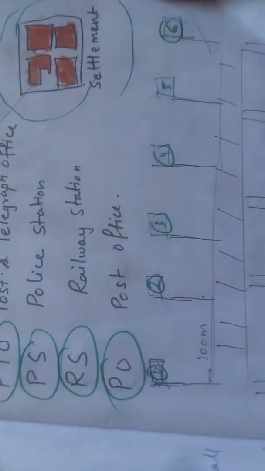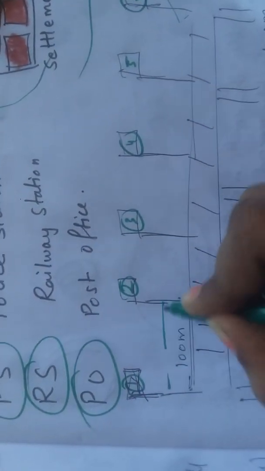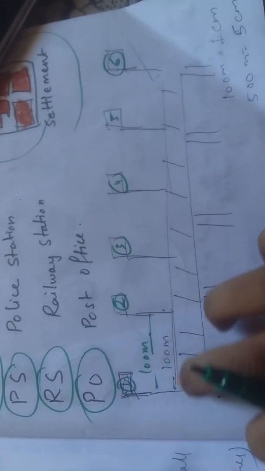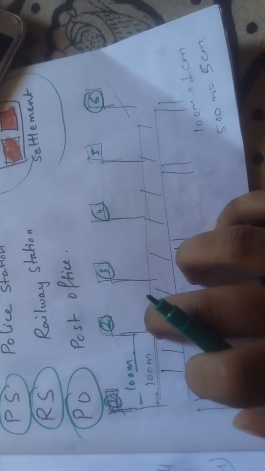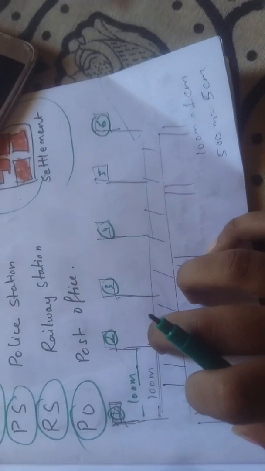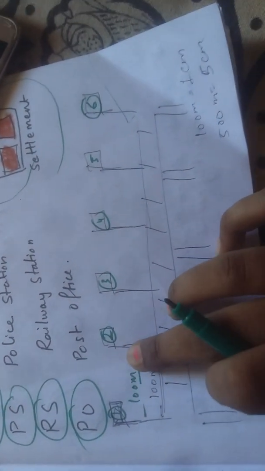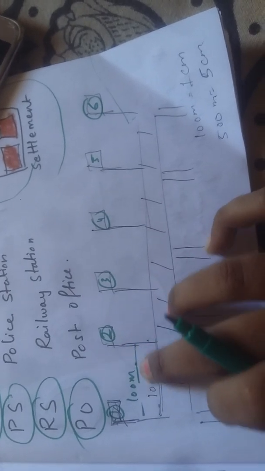Each pole is standing at a distance of 100 meters. Like street lights on roads, each is placed at a particular distance, so the light poles on the bridge are also placed at a particular distance. So each pole is placed 100 meters apart.